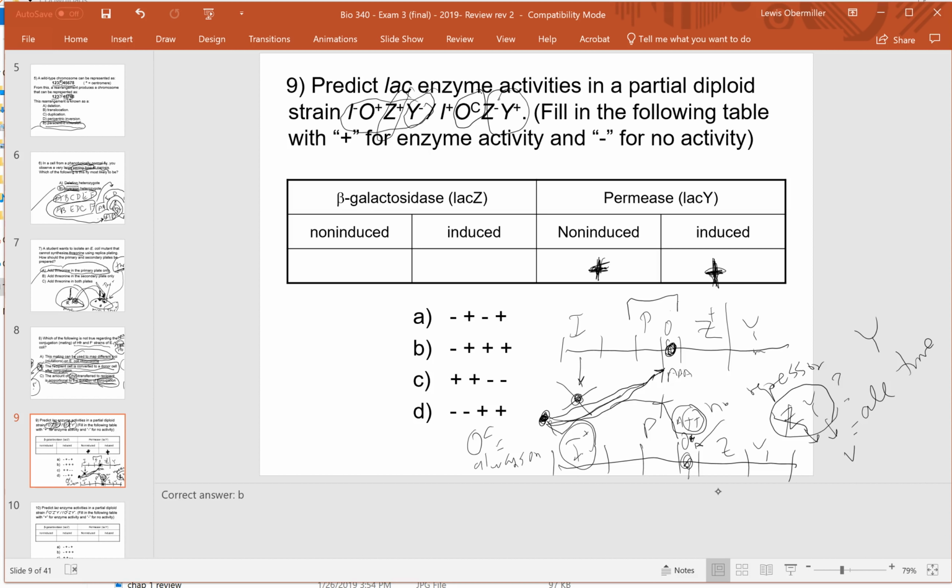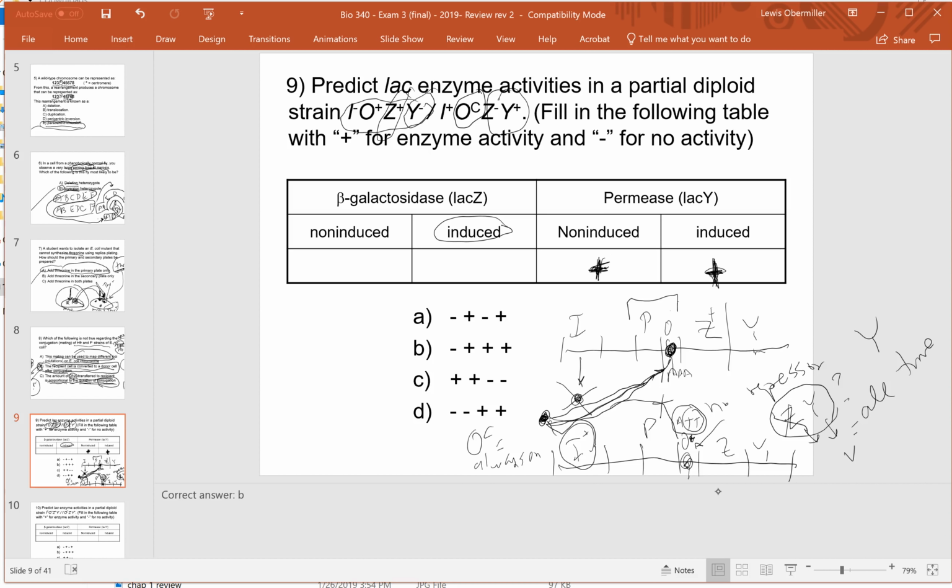inducible system, this repressor is fine, and so is this operator, so it will act normally. So in the presence of IPTG, which was what this is, it means that there's lactose or IPTG in it, then this can't bind, and this will get turned on.